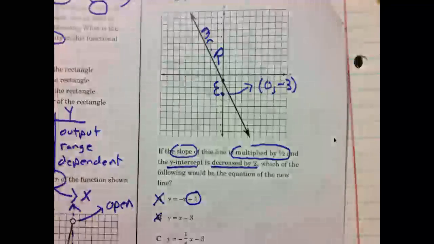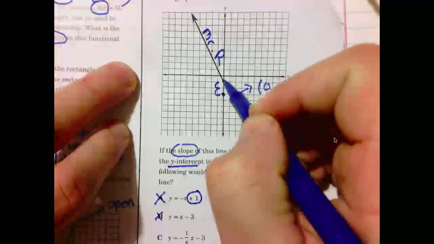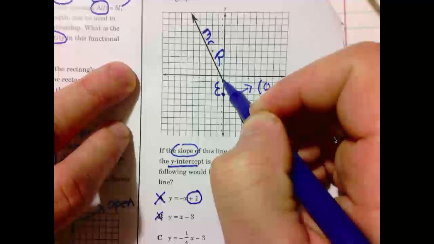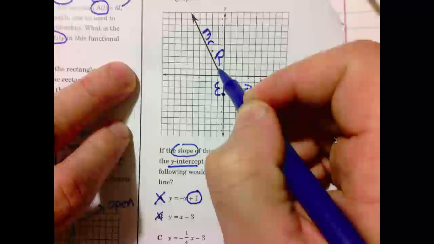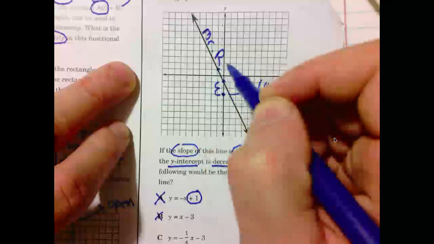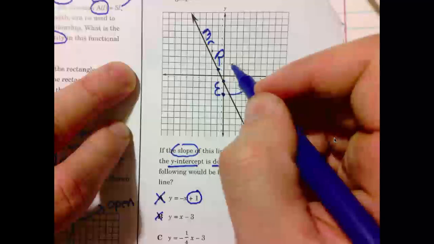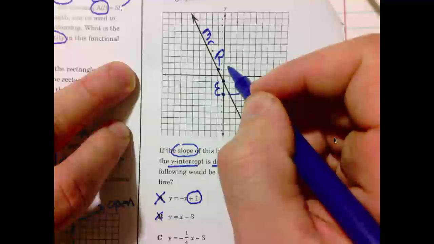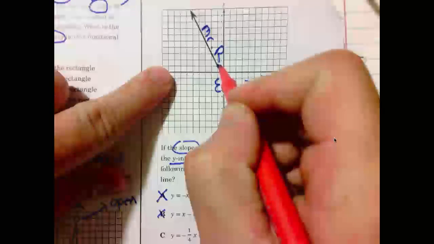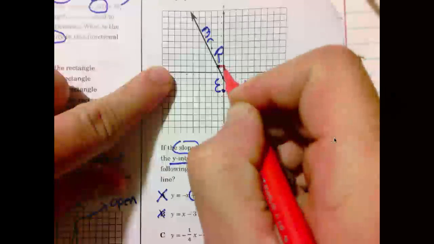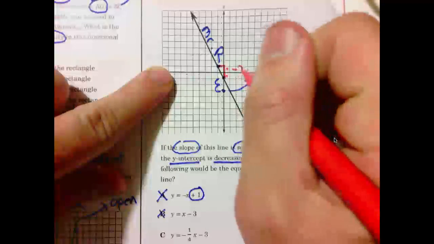Well, we need to find the slope of our current line. To find the slope, we need 2 points. Here's 1 point, 0, -1. Here's another point. Draw yourself a right triangle between those 2 points. It goes to the right that much, it goes down that much. It goes down 2 units, we'll say -2.